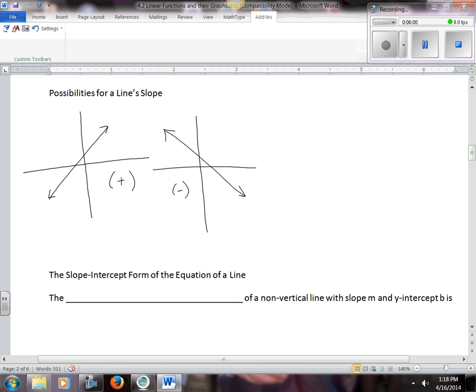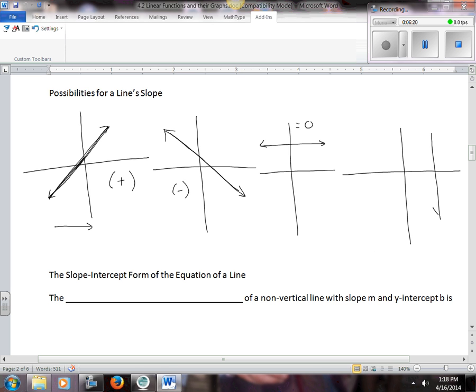Basically you read from left to right, right? So we're going up with this one, so it's positive. We're going down with this one, so it's negative. If you have something like this, the slope is equal to 0. And last but not least, if it's vertical, there's no slope.